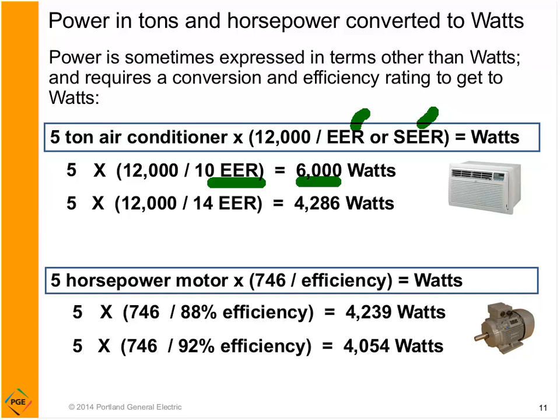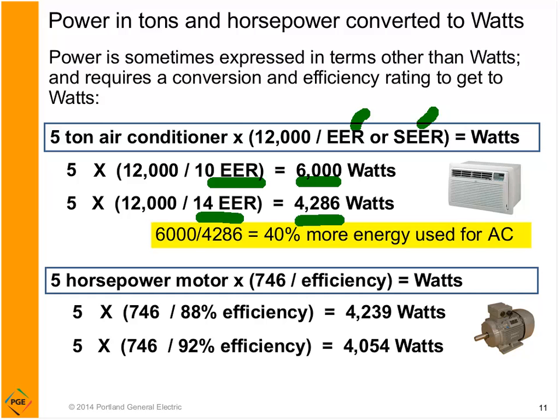Now, if you bought a more efficient unit, still 5 tons of air conditioning, but 14 EER, higher efficiency, a lot less watts. 40% more energy used if you buy the first one. This is where I like to pick on purchasing managers.